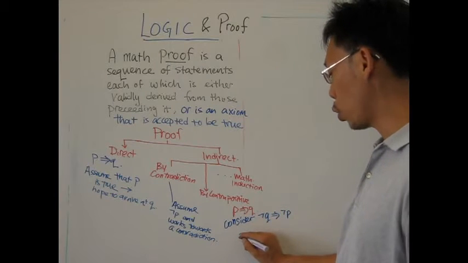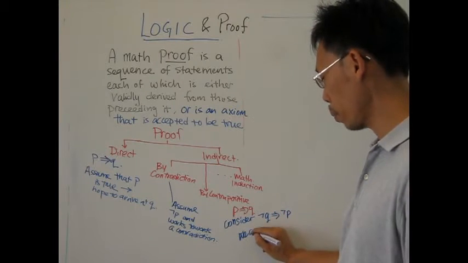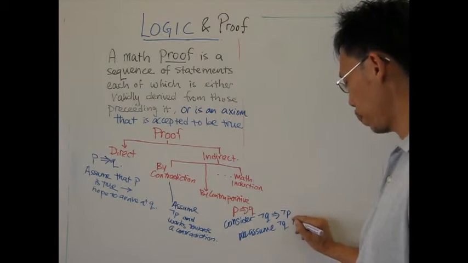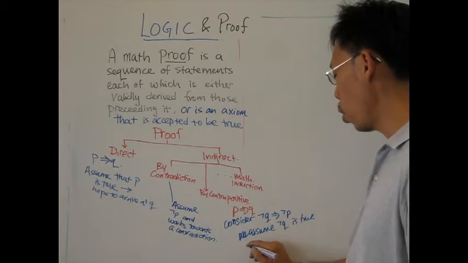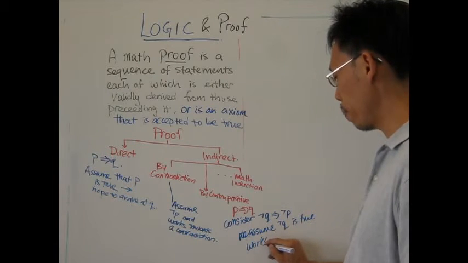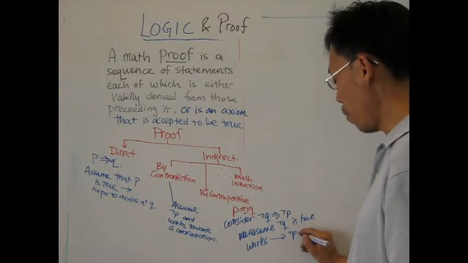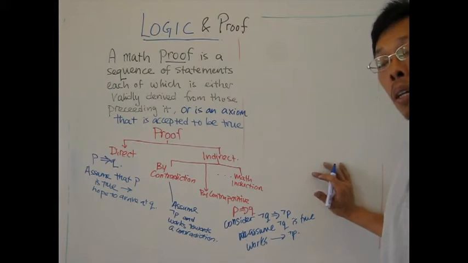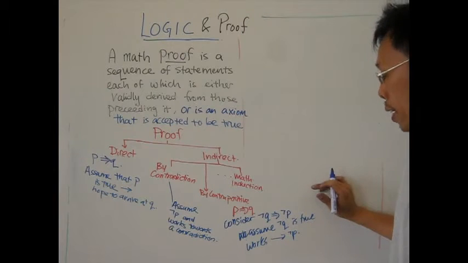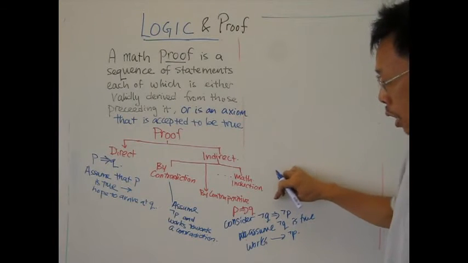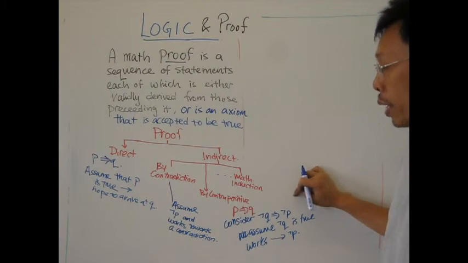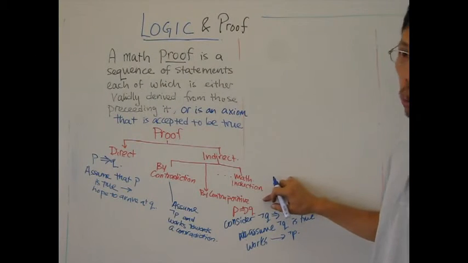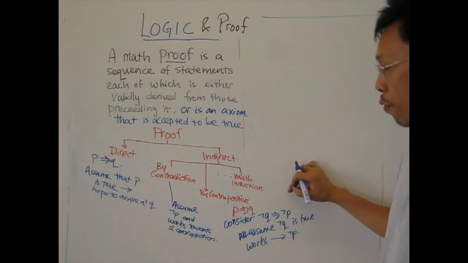And then we assume that not Q is correct, not Q is true, and then work towards not P. If I can establish not P, then I have completed the proof. Then if the contrapositive is true, then the implication is also true. This can be verified. Okay?